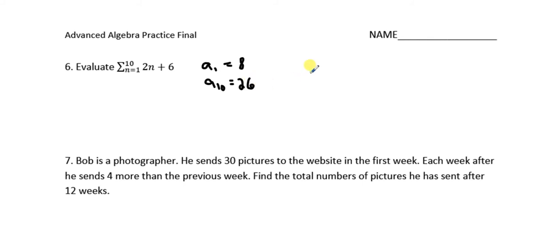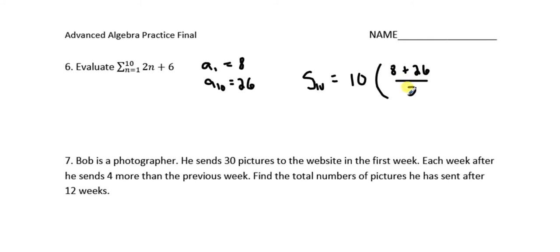And then the sum formula, so we're summing up the first 10. All right, had a little interruption there, but here's our formula. The sum of the first 10 is n, which is 10, times a1, which is 8, plus an, which is a10 in this case, which is 26, divided by 2.